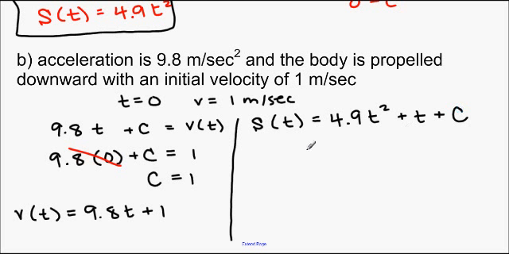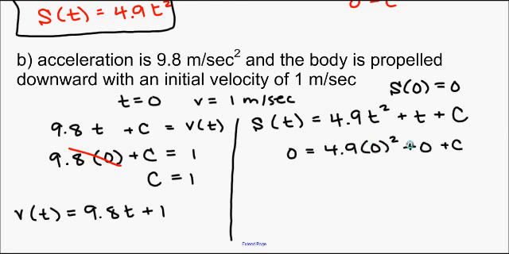Okay. And I know that I'm starting at 0 when time is 0. So s of 0 equals 0. So 0 equals 4.9 times 0 squared plus 0 plus c.